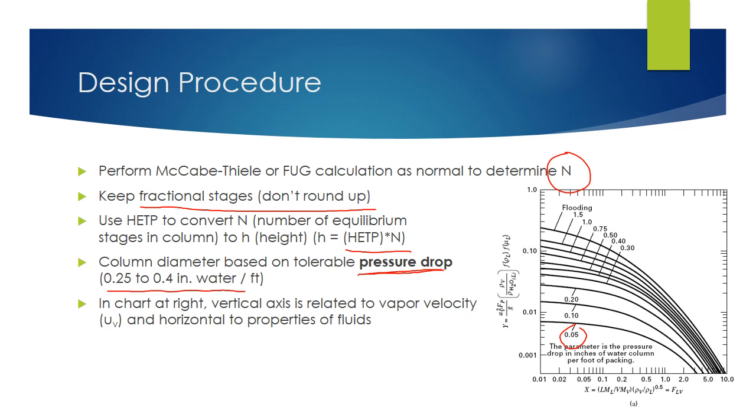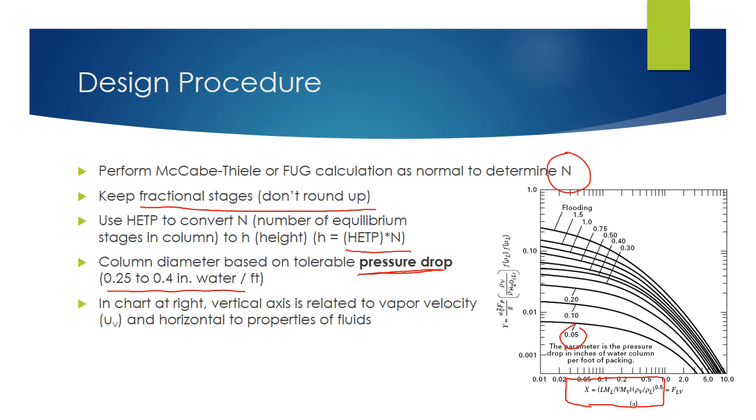So each one represents inches of water per foot of packing. And the axes, notice that they collect a number of variables, but this X value includes L and V. So that's the total liquid flow rate and the total vapor flow rate. Also the molecular weights, ML and MV, and the densities of the vapor and liquid. Those all go together on that axis.